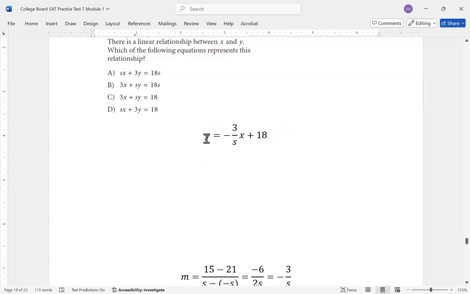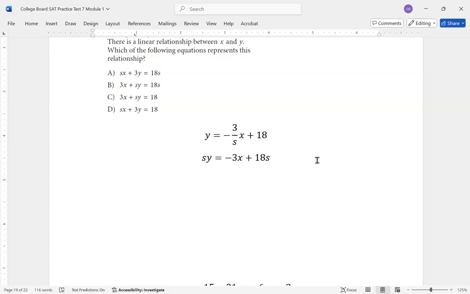Now, this is in slope-intercept form. These other lines are in what we call standard form. So what I would do is I would multiply both sides by s. When I do that, I get s times y equals -3 times x plus 18s after I multiplied everything by an s.